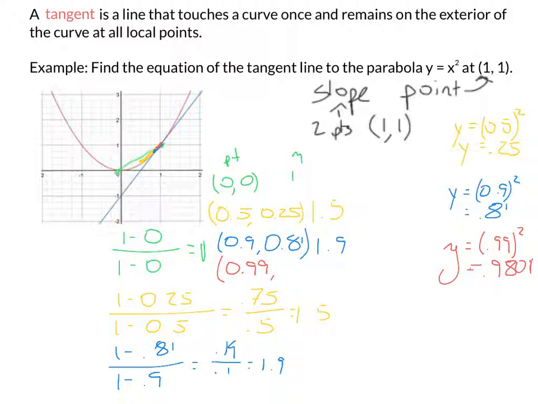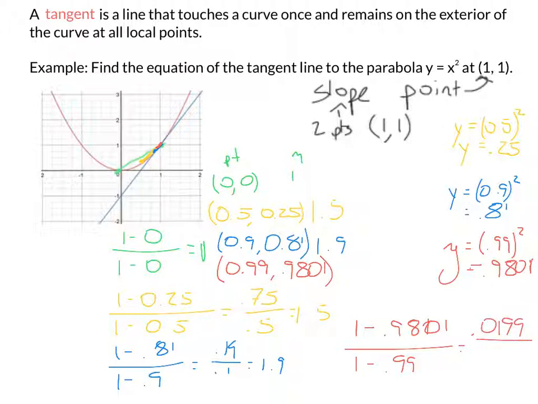So 1, comma 0.9801. And so I'll do the slope here. So 1 minus 0.9801, where we subtract our y's, over 1 minus 0.99, where we subtract our x's. 1 minus 0.9801 is 0.0199. 1 minus 0.99 is 0.01, and so the slope I end up with is 1.99.